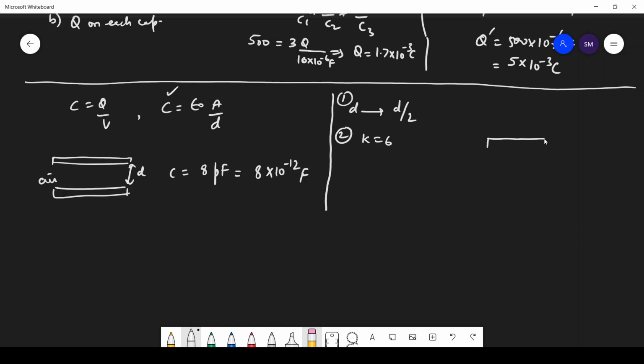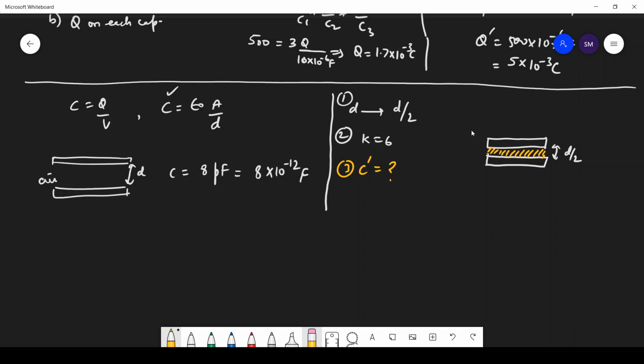So these are the two things that I have done. I have reduced the space, it is D by 2, and I have filled it with the dielectric material with dielectric constant 6. So what will be the capacitance of this capacitor?